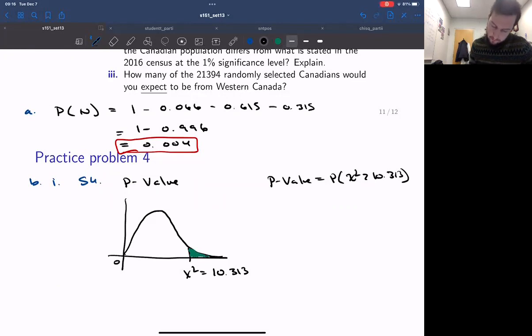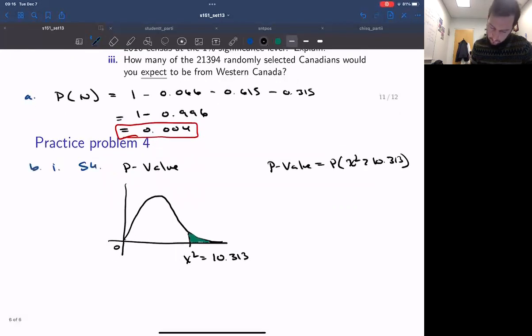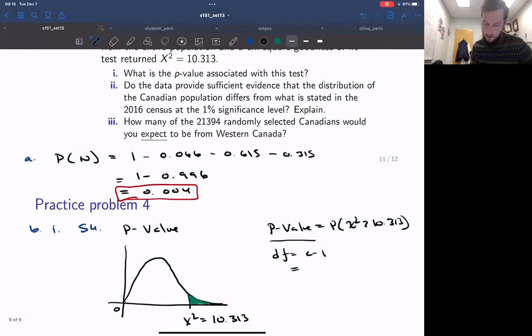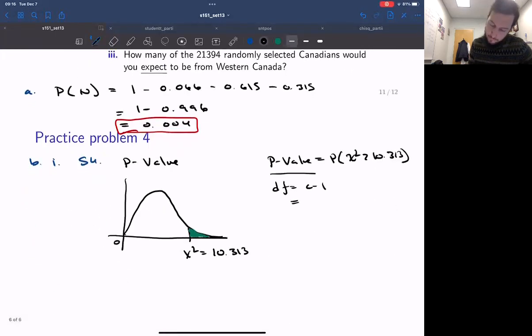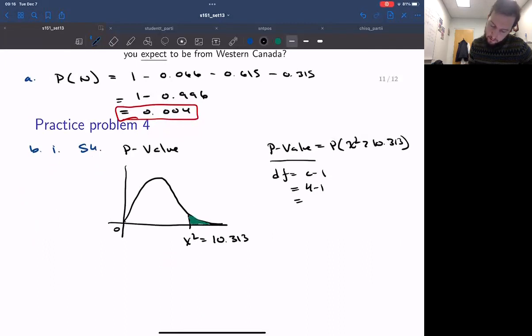All right, now for this problem, the degrees of freedom is going to be the number of cells minus 1. So we have 4 different outcomes in this test. So our DF is going to be 4 minus 1, which is 3.